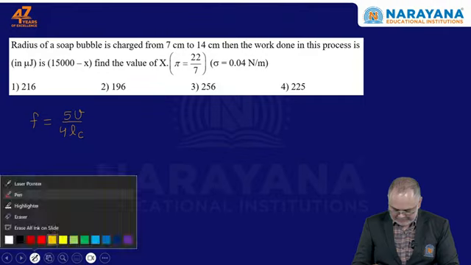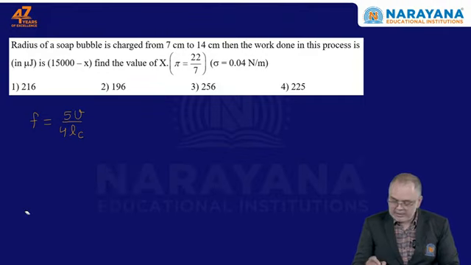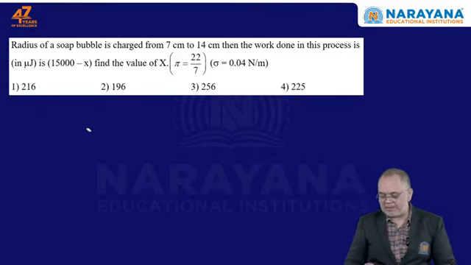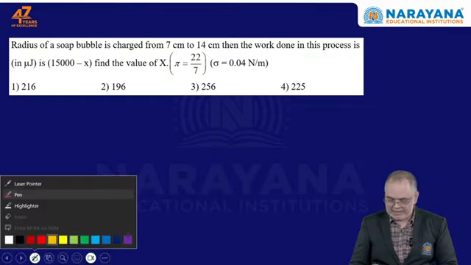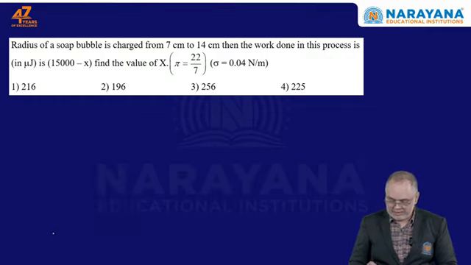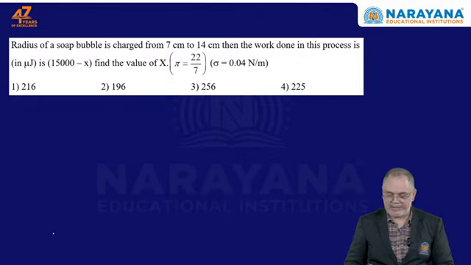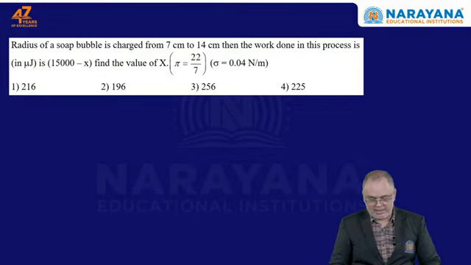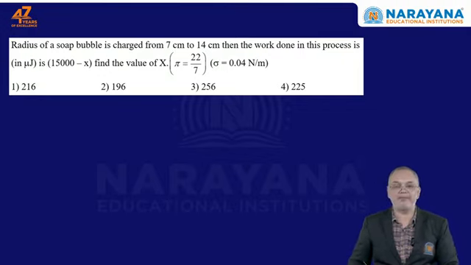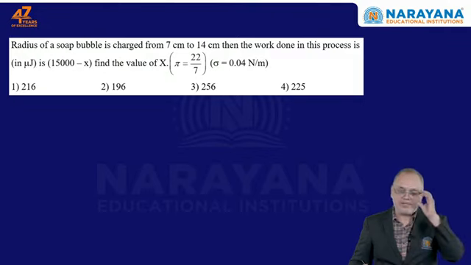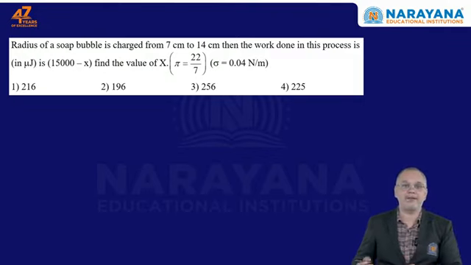Next question is, the radius of a soap bubble is changed from 7 centimeter to 14 centimeter. Then the work done in this process, in microjoule, is 15,000 minus x. Find the value of x. Pi is 22 by 7 and surface tension is given as 0.04 Newton per meter. So here we can see the radius of the soap bubble is changing from 7 centimeter to 14 centimeter. So we can say we are changing the surface area.